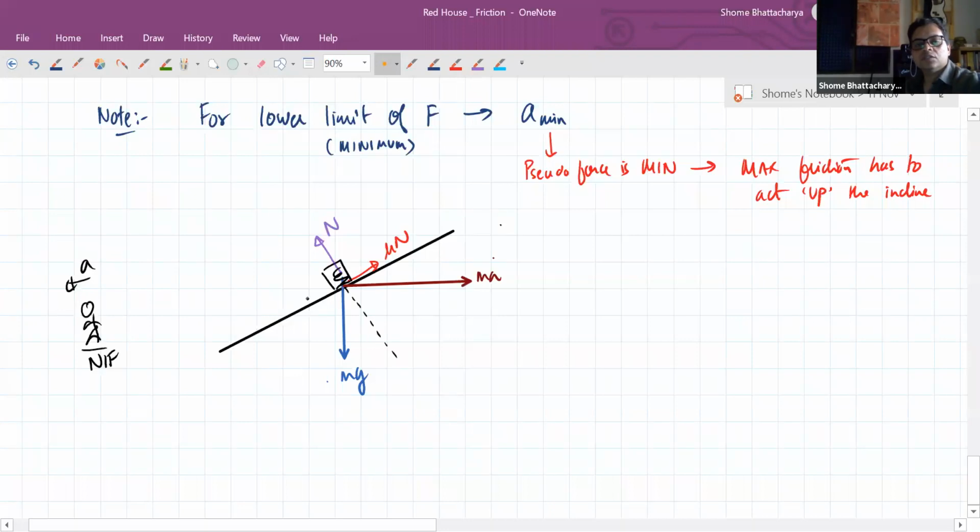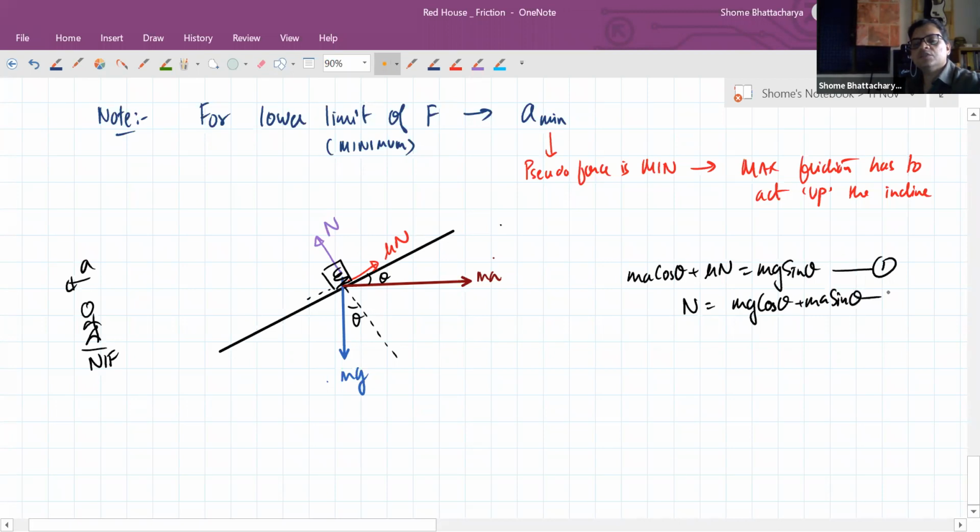This is when a is minimum. So this angle is theta, this angle is theta. You just write this condition that ma cos theta plus mu n has to balance mg sin theta. That is your first equation. And normal reaction is balancing the sum of mg cos theta plus ma sin theta. That's fairly easy to understand from this free body diagram.